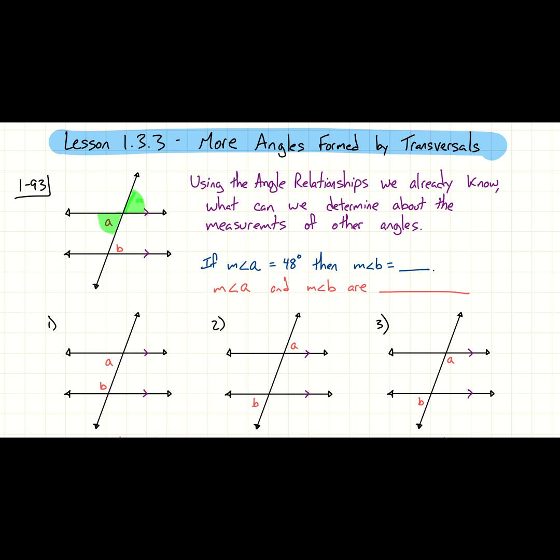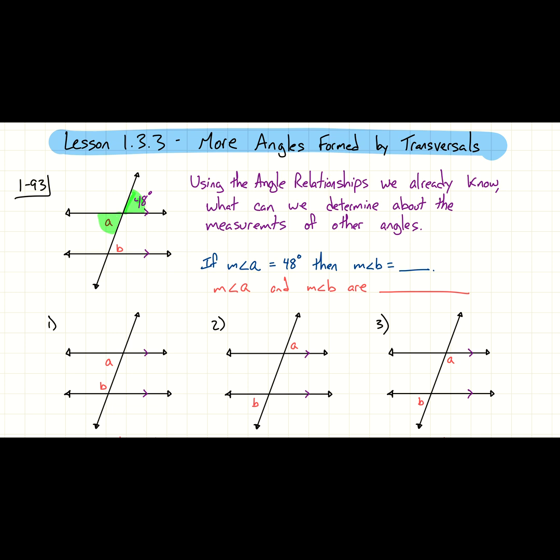If I know that angle A is 48 degrees, and I know vertical angles are congruent, meaning they have the same measurements, then this also must be 48 degrees. So these two are the same. How does that help? Let me write this in: this must be the same as 48 degrees.